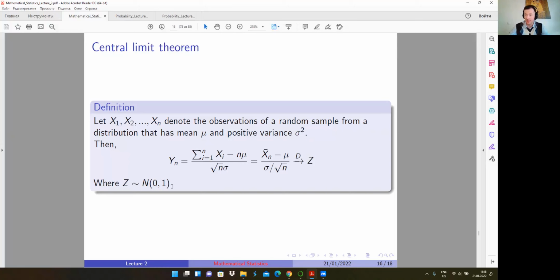Now we know that under the large sample property, the sample mean, or at least the transformation of this sample mean in the following way, has a standard normal distribution. Perfect. Congratulations. We know a very important thing.